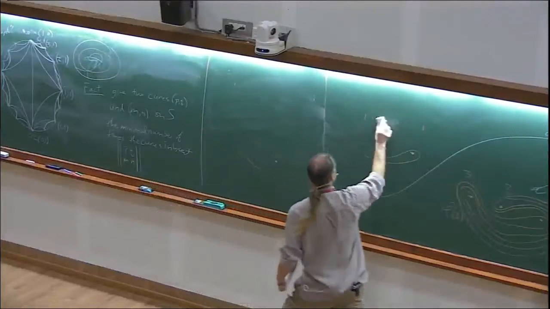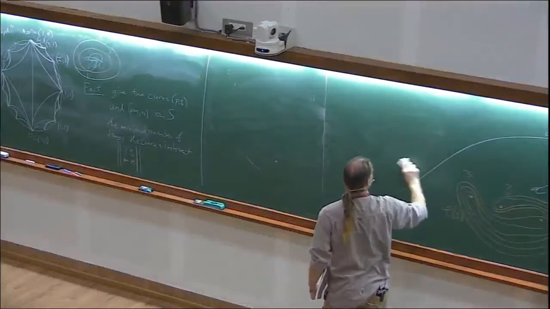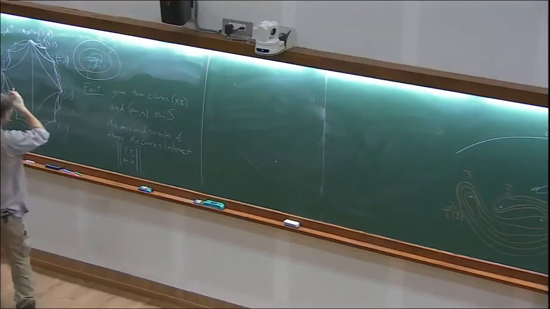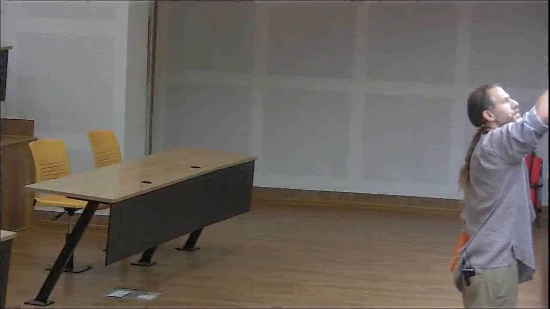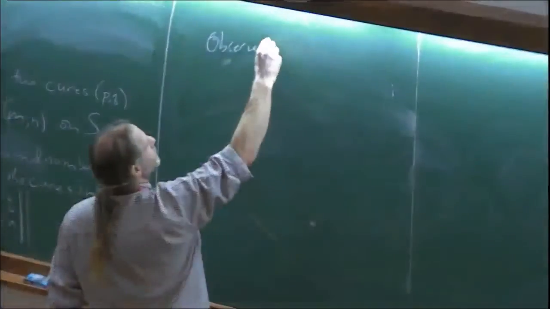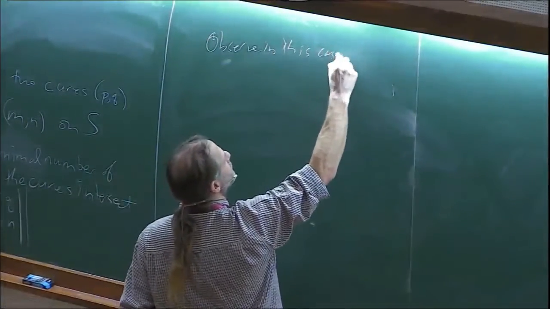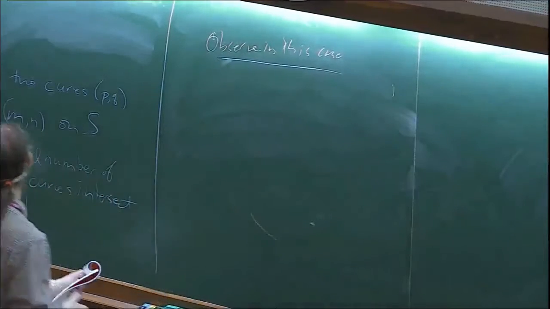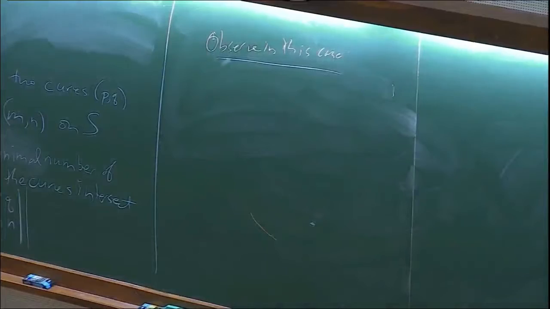Okay, so now that I've drawn this curve complex in this one case, we can make some observations about this particular graph. In this case, if you believe the graph that I drew, then you get a complex which is finite dimensional.